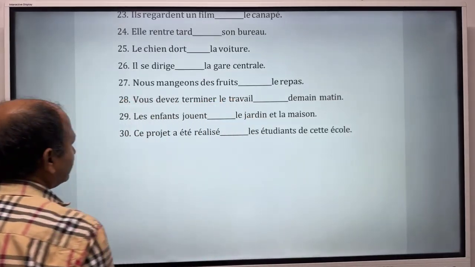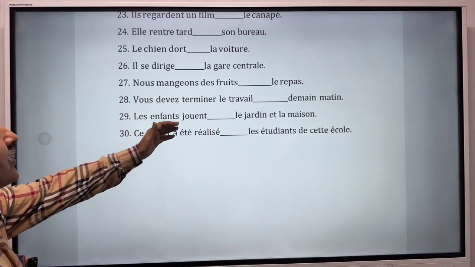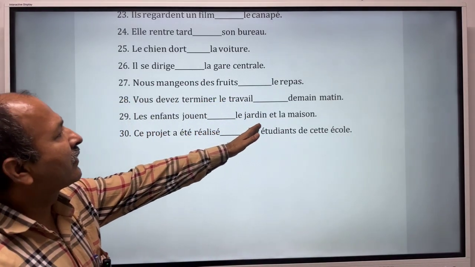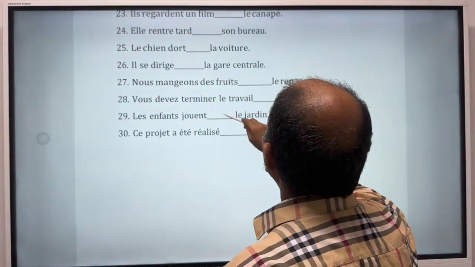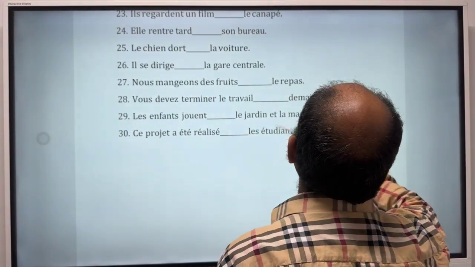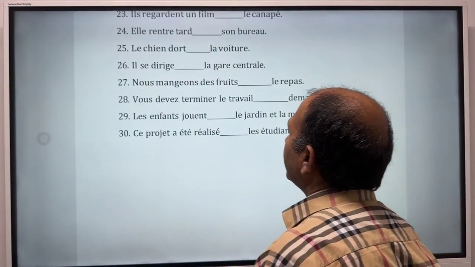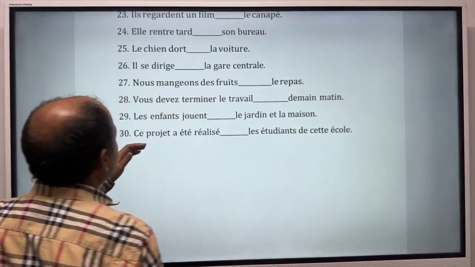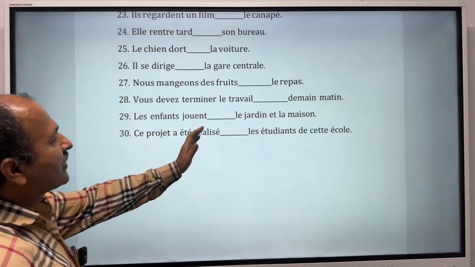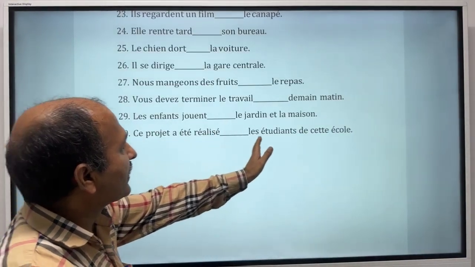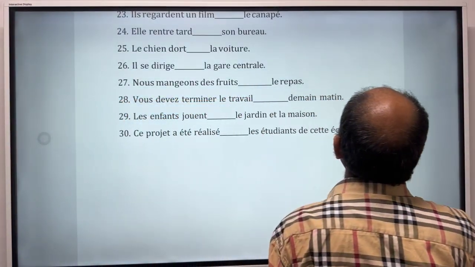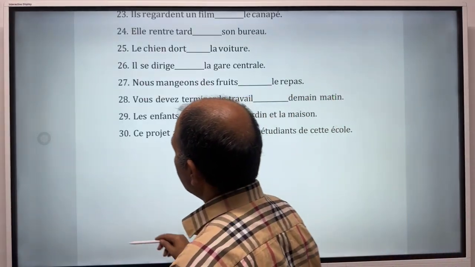Jusque means up to. Les enfants jouent dans le jardin et la maison. Nous entre, between the garden and the house. And last one is, ce projet a été réalisé par les étudiants de cette école. This project has been done by the students of this school.